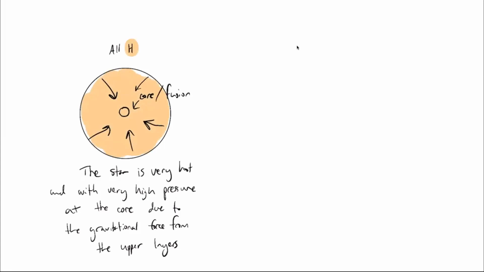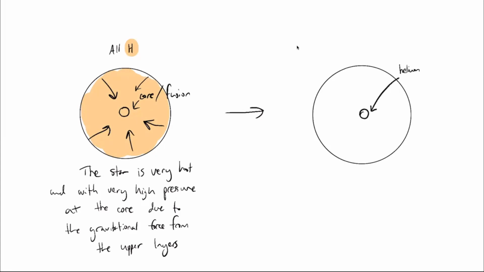Then our core starts to build up all this helium. But the helium is inert. It is an inert helium core. Inert means that there's no nuclear fusion. It's just sitting there, not doing anything.